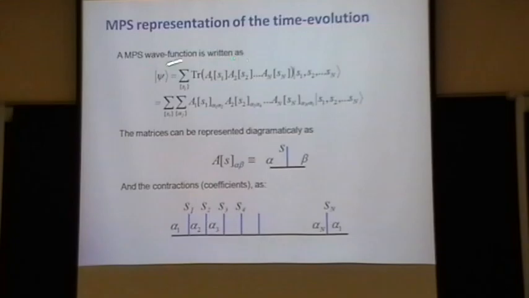So as we saw last week when Steve gave his lectures, a matrix product state wave function is written as basically a sum over all the spin configurations multiplied by a coefficient that can be written as a contraction of matrices.